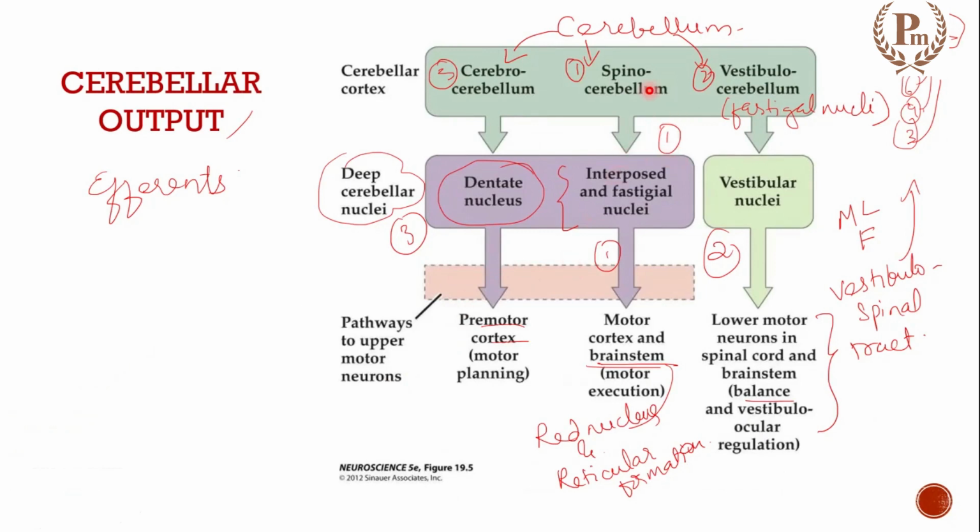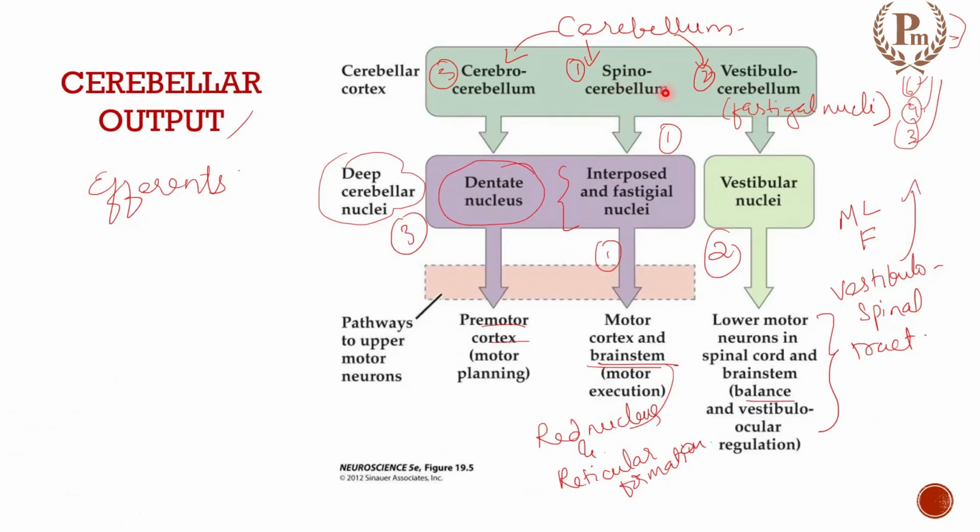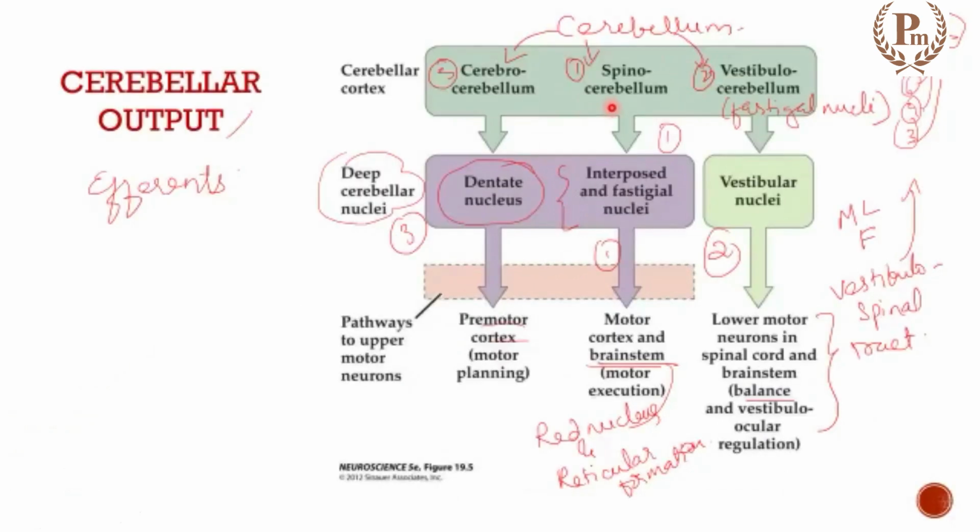Okay. So spinocerebellum basically has the vermis and the paravermal area. From there, it goes to the interposed. Interposed is actually your emboliform and globose nuclei. The emboliform and globose nuclei form the interposed nucleus.